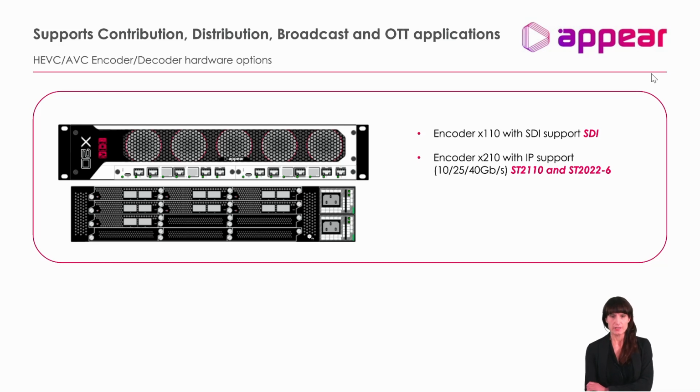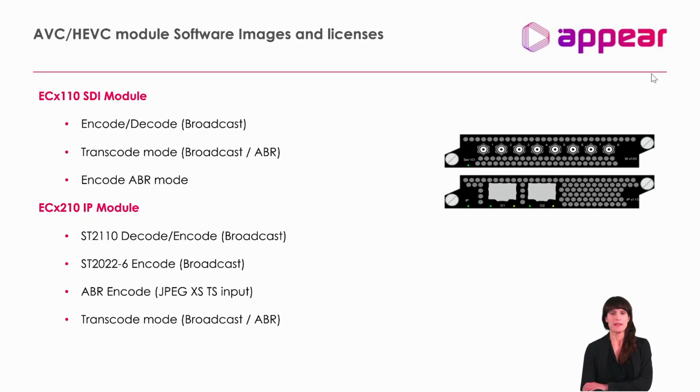So let's look closer at the modules. The SDI module has up to 8 SDI connectors, where you can compress or decompress 8 services. And you don't need just the hardware. Of course, you need software images as well and licenses.